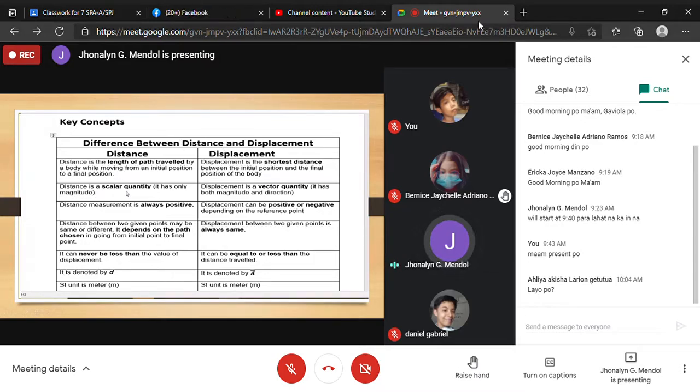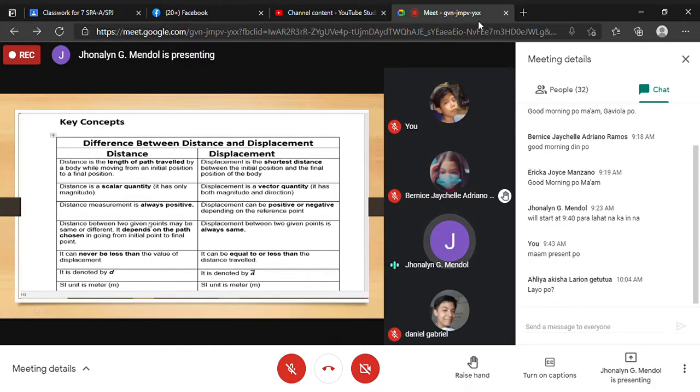Okay, distance is a scalar quantity. When you say scalar quantity again, it has only magnitude. While displacement is a vector quantity, it has both magnitude and direction. Distance measures are always positive, while displacement can be positive or negative, depending on the reference point or depending on the direction.